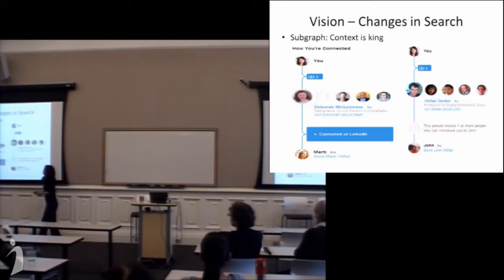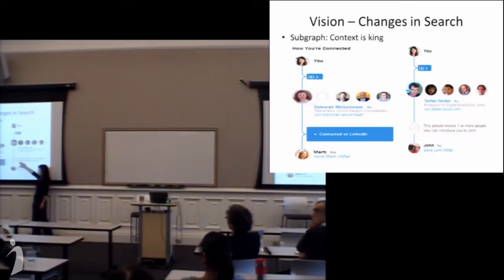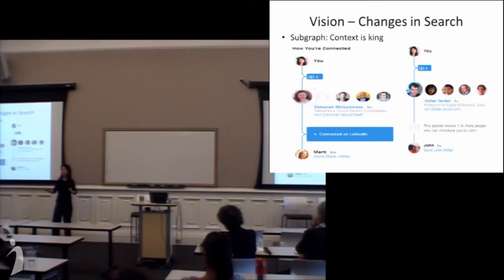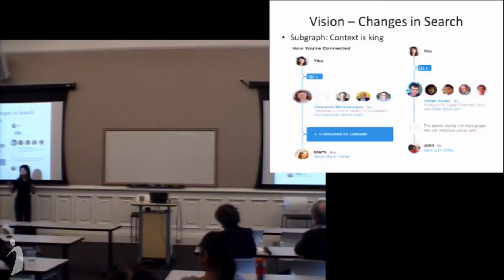So I also checked me with my host, John. Unfortunately, we don't have any direct connection. But I did find there's one very critical person who can connect us. So this is a subgraph. This gives you enriched information about the relationship of these two persons and how they've been related.